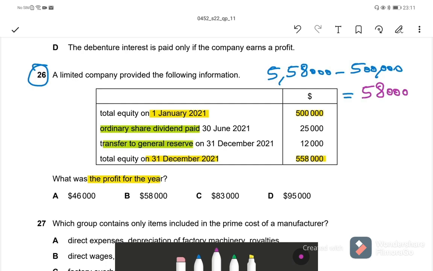So, the parts of equity are general reserve and retained earning. So this 58,000 includes general reserve and retained earning.